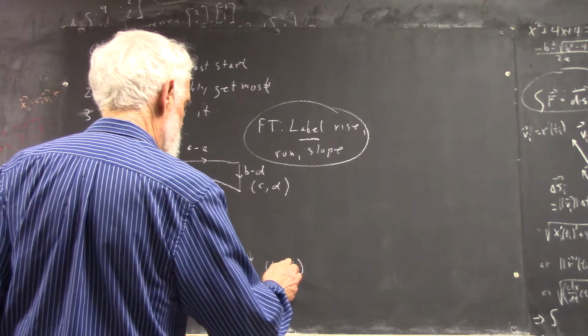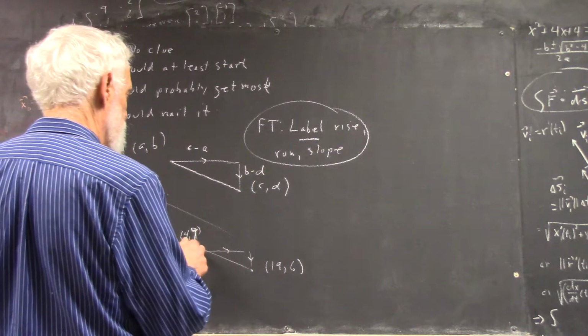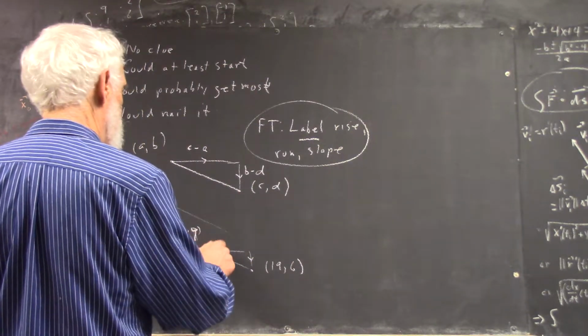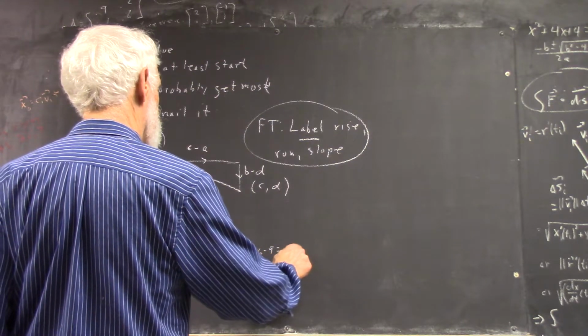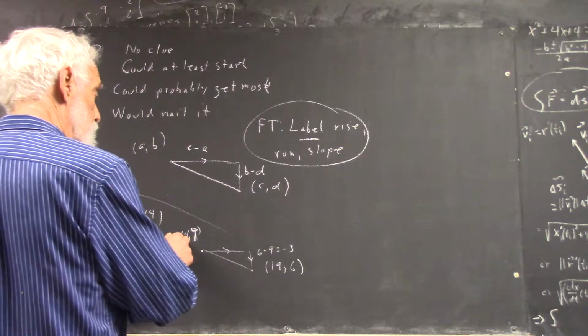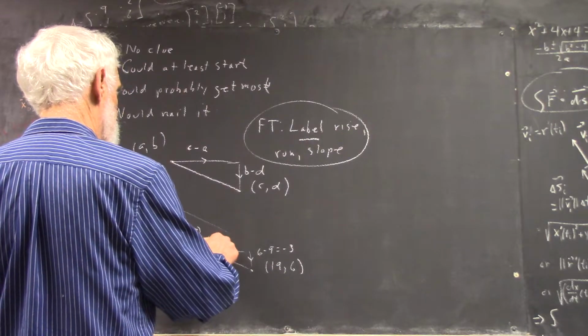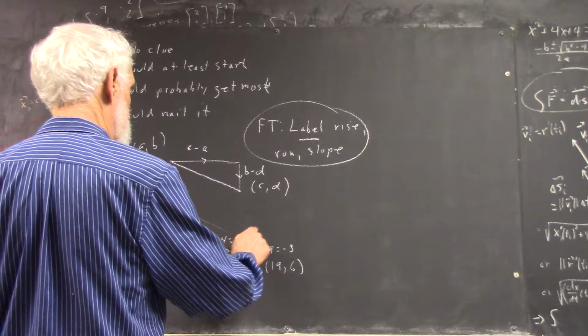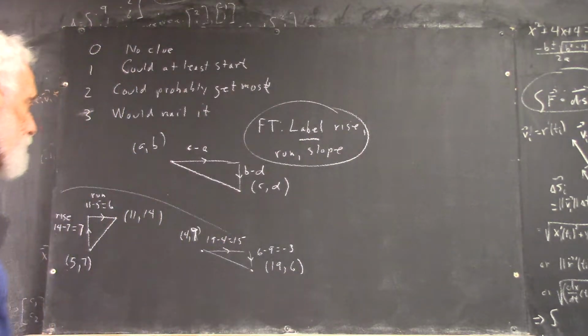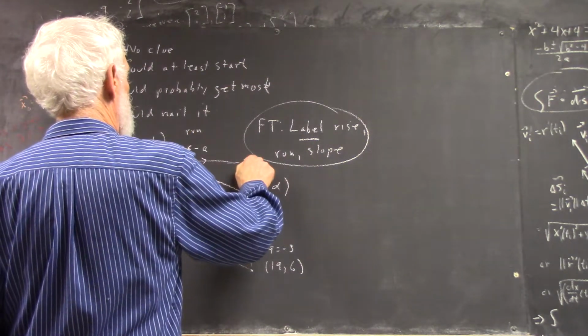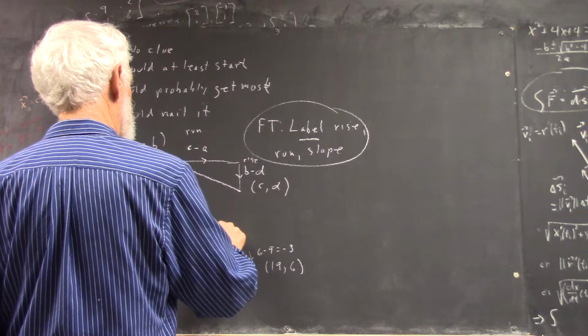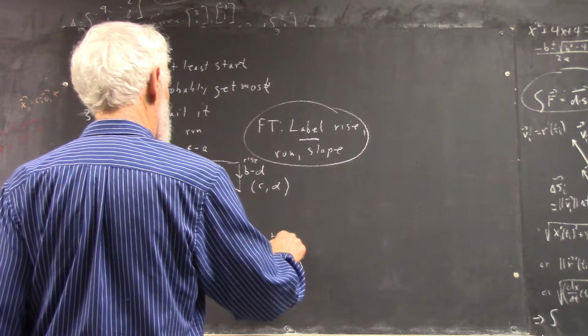Well, it's the 6 and the 9, and I'm starting here and going here, so it's 6 minus 9 equals negative 3. What's my run? 4 to 19, that's 19 minus 4 equals 15. Okay, so here's run, here's rise, here's run, here's rise.